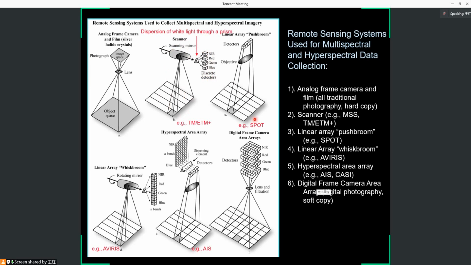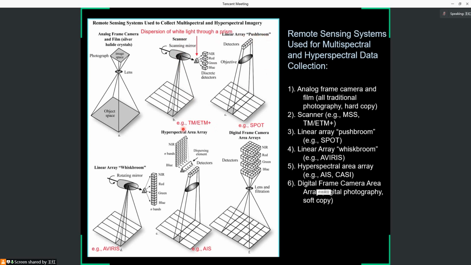For example, SPOT uses a linear array push broom. So you see this is the detector. It's different for SPOT and TM, ETM. TM and ETM use a scanner, and SPOT uses a linear array push broom.